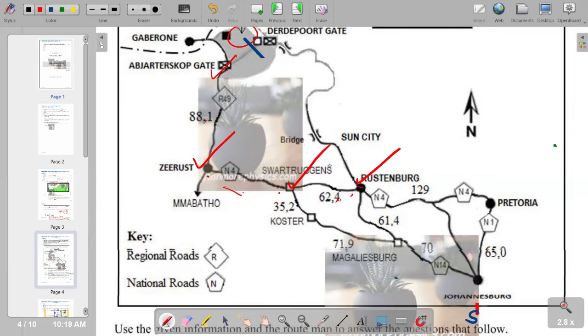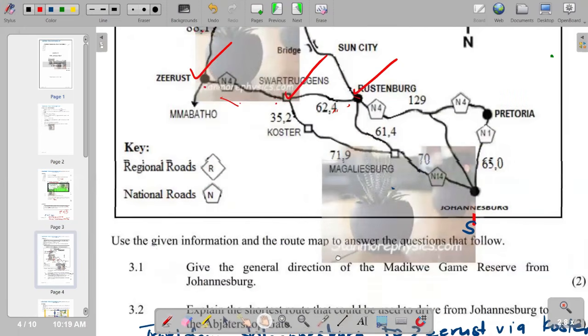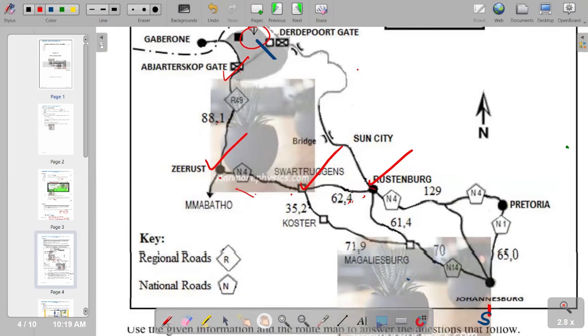So remember, we've got 221. We can just refer back. We have 221.2 kilometers. So we are going to say 221.2 kilometers. Then I will subtract this one, 88.1.